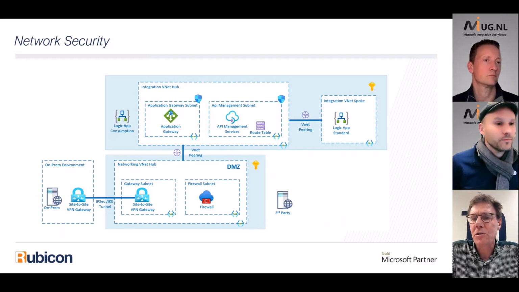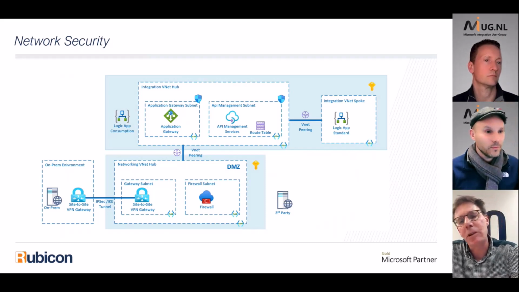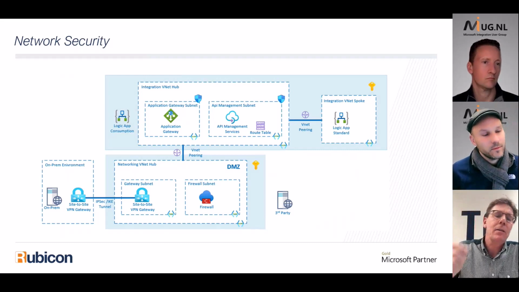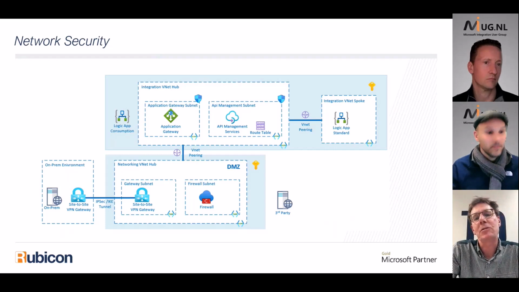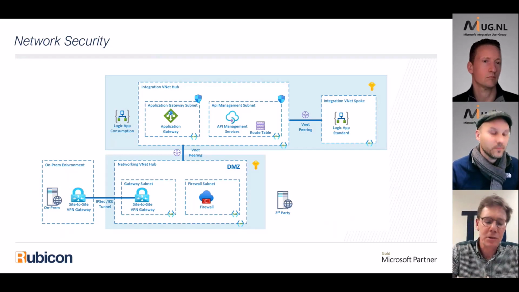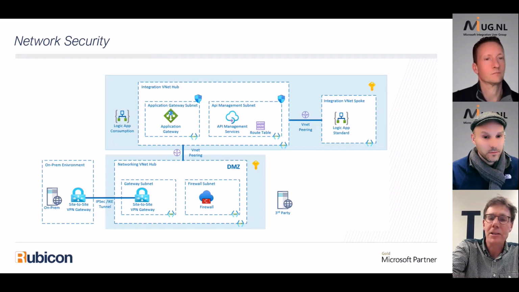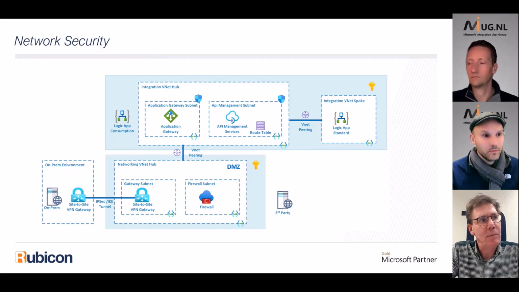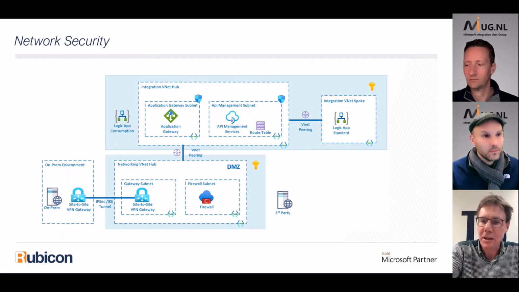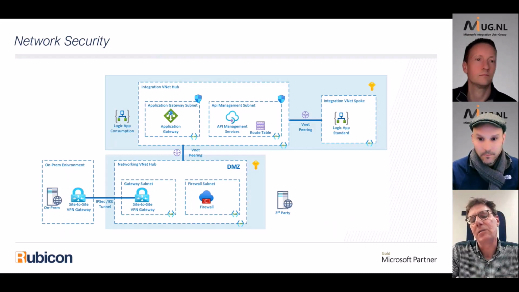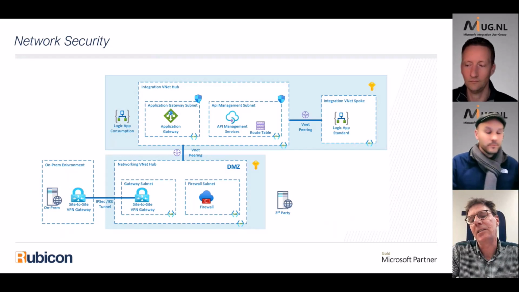What I also saw is that people were using API management in external mode. In that case, you can use Front Door because it's also outside of the VNet. So you can put Front Door in front of API management in external mode. The advantage is that although it's external mode, API management is still within a VNet, and you can still make a peering connection to another virtual network. So that's an example that I saw in practice.